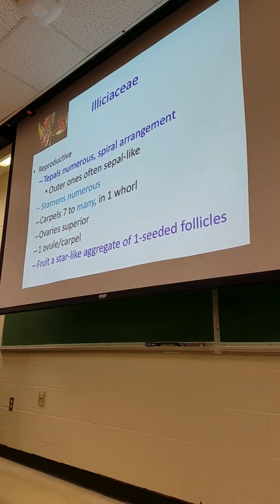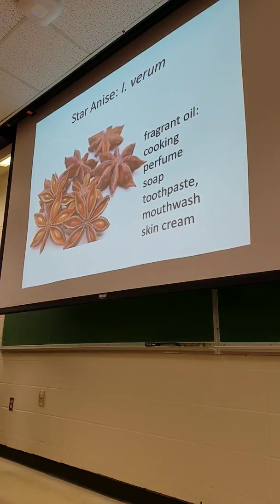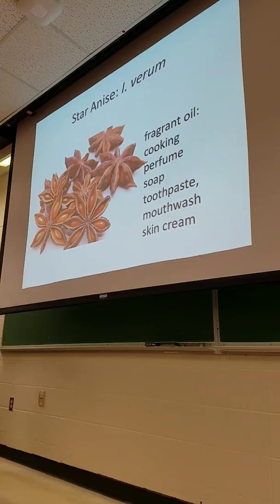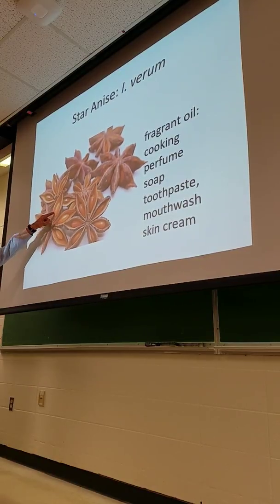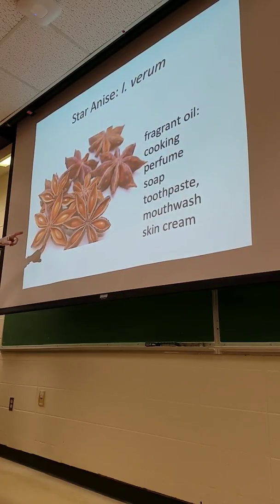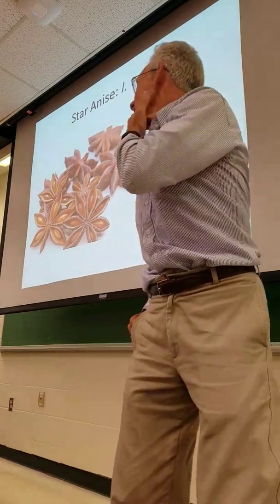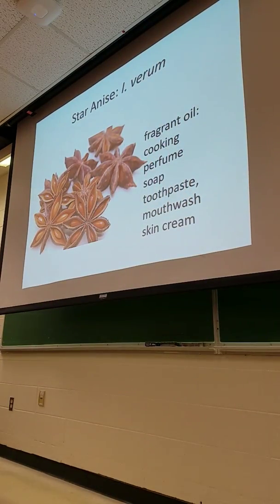And let me show you what I mean, because this is a star anise, Illicium verum, which is from Asia. But see all these follicles? Each one of these is a carpel. Now they're in fruit. There's the seeds, okay? And it gives a fragrant oil. It's used in cooking. It's used in perfumes, soaps, toothpaste, mouthwash, skin cream.